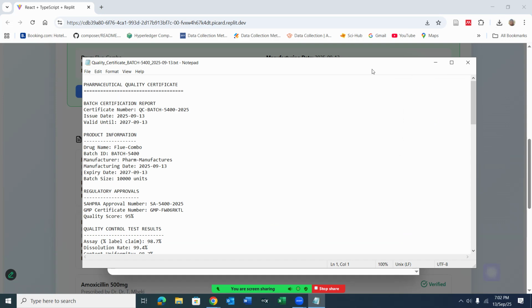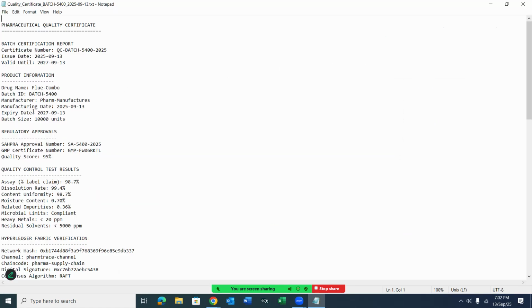Another file is simpler to read because it's just written in plain English. The pharmaceutical quality certificate, the batch certification report, certificate number. Then it was issued on this day. It is valid until this date.